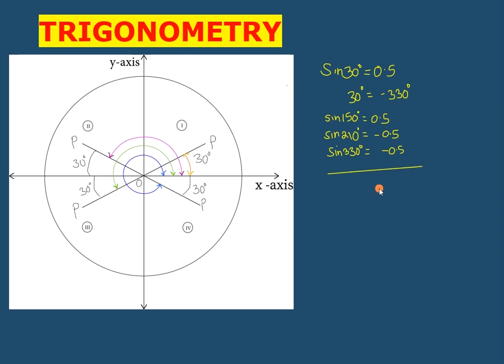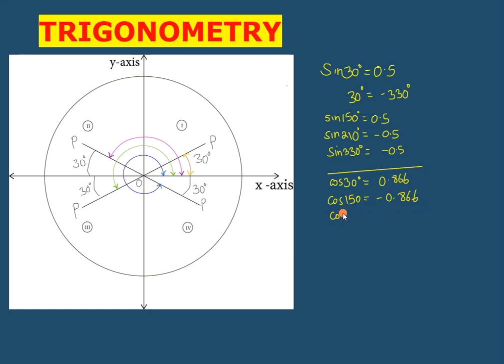Let's try to look at the cosine of these angles. The cosine of 30 degrees is 0.866. If I write that to 3 decimal places, the cosine of 150 is negative 0.866.